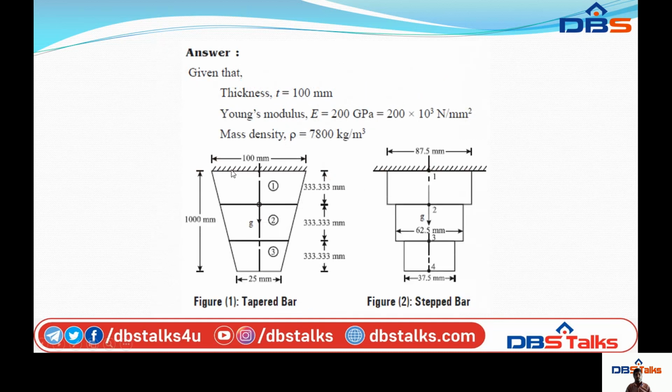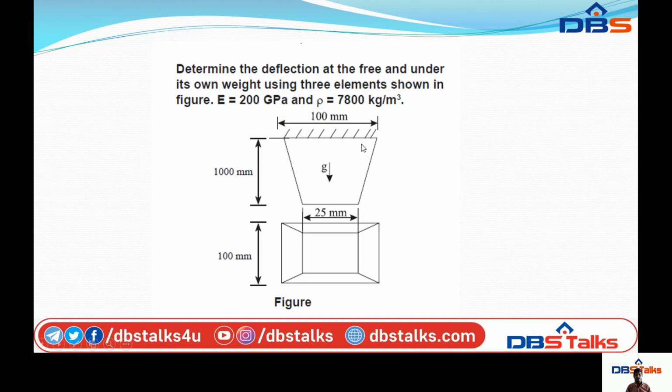Based on these properties like length, width and thickness, the tapered bar is drawn here. I'm showing the tapered bar here. In this, I'm showing only element 1 and element 2.